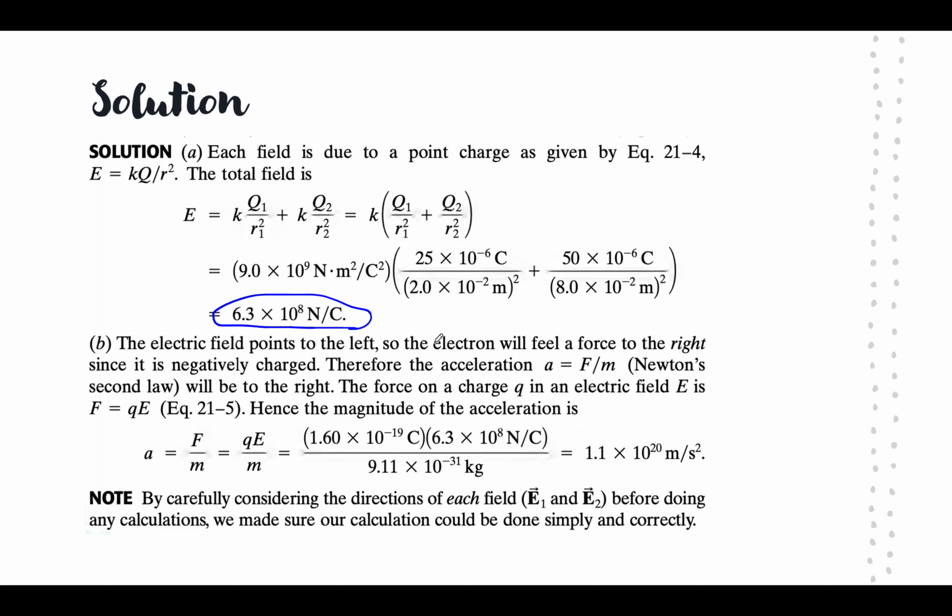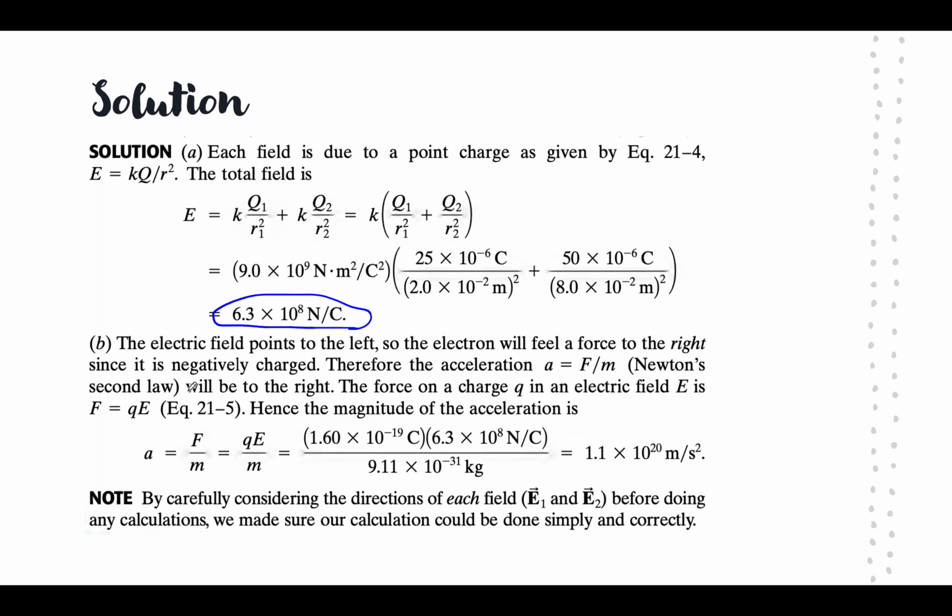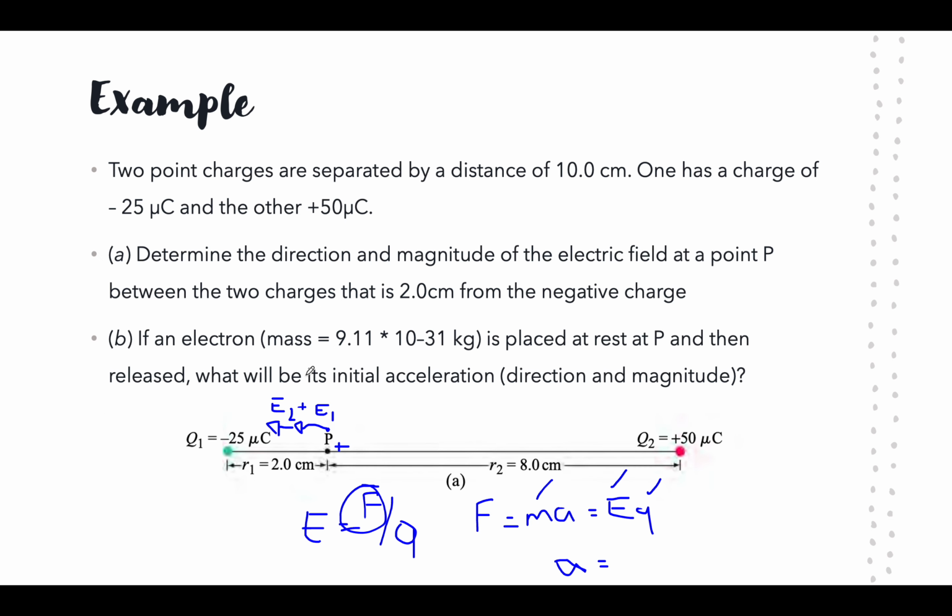The electric field points to the left, so the electron will feel a force to the right, since the electron will be repulsed by that negative force. Here, as we can see, there we go.